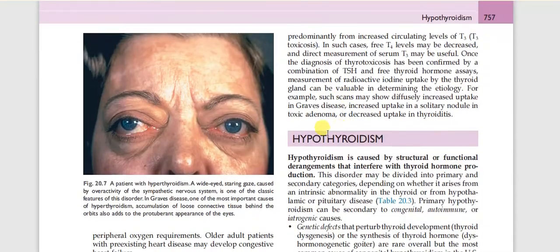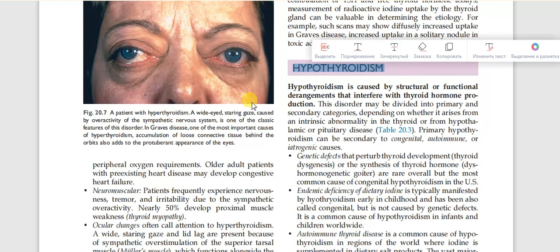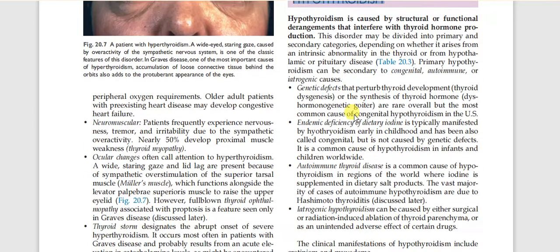Then let's talk about another very common pathology, hypothyroidism. It's structural or functional derangements that interfere with thyroid hormone production. So somehow the thyroid gland stops producing a normal amount of T3 and T4.